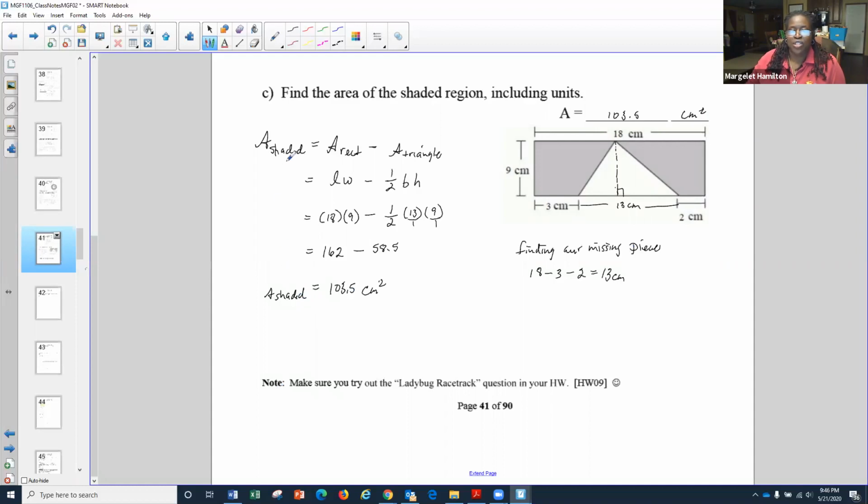Always write your structure. Think about what you're doing. Shaded regions, you're subtracting. Composite and irregular, you're adding. Look at your dimensions. Make sure they're all the same. If they're not, convert. Look to see if you're missing some pieces. If you're missing something, find it.